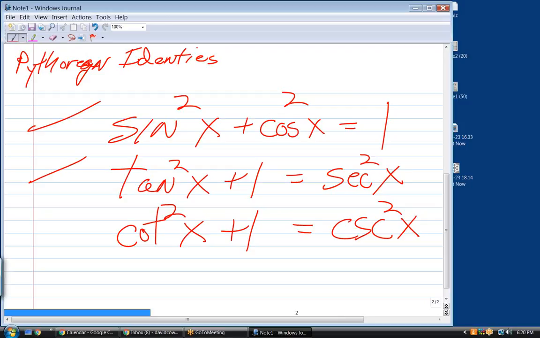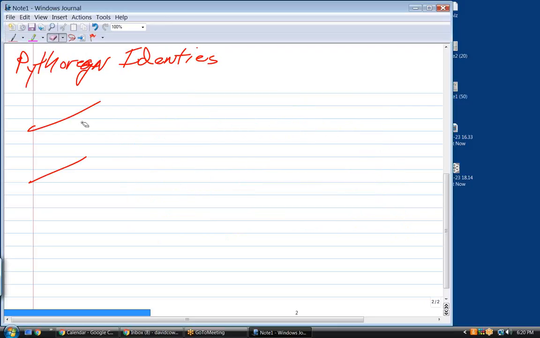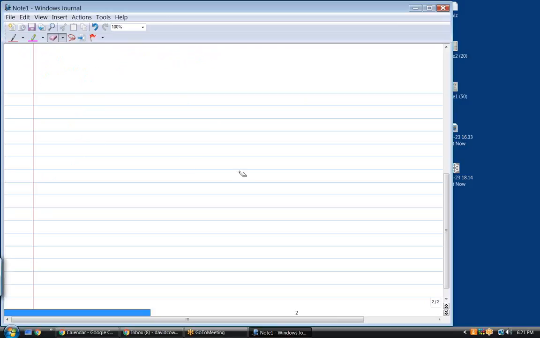But then the cofunction of cotangent is cosecant. Notice that that's the cofunction of tangent, and that's the cofunction of secant. So if you can remember the third Pythagorean identity is just the cofunctions of the second, you're down pat. And between those 11, you'll be in great shape. If you can memorize those 11 identities, you'll be halfway there.